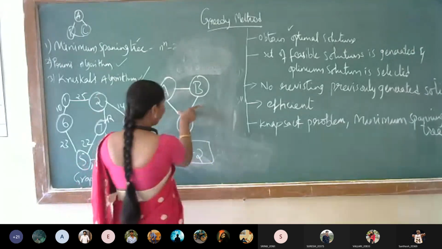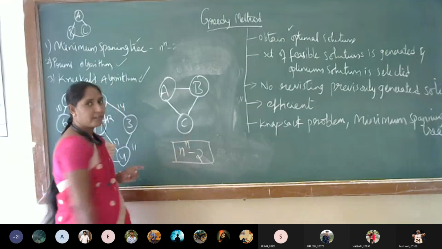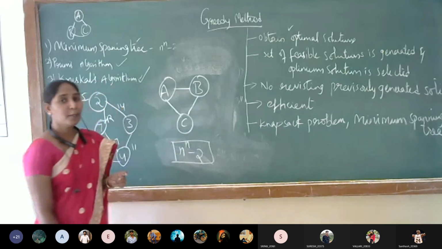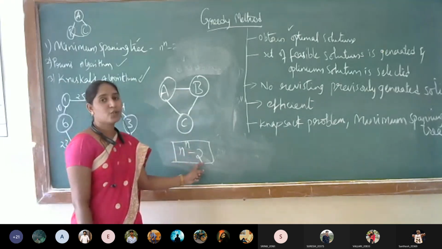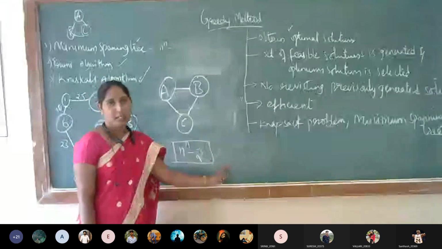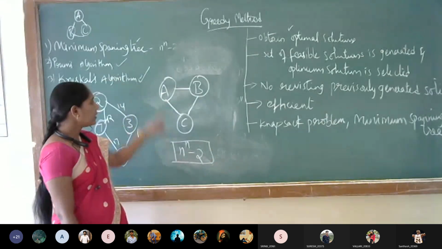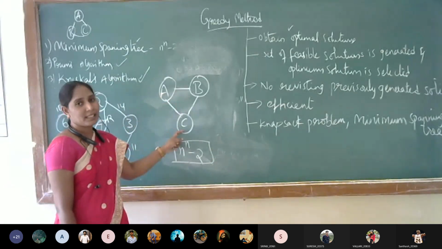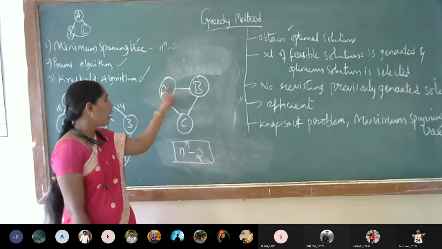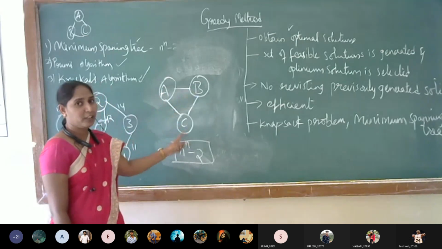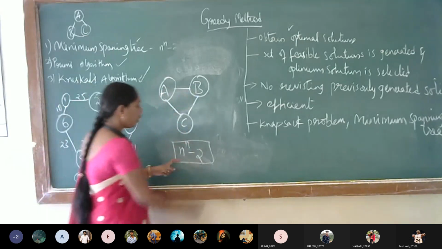For this graph, I will be constructing n to the power of n minus 2 spanning trees. For example, n is how many vertices I am having: 1, 2, 3. I am having three different vertices. So the n value will be 3.